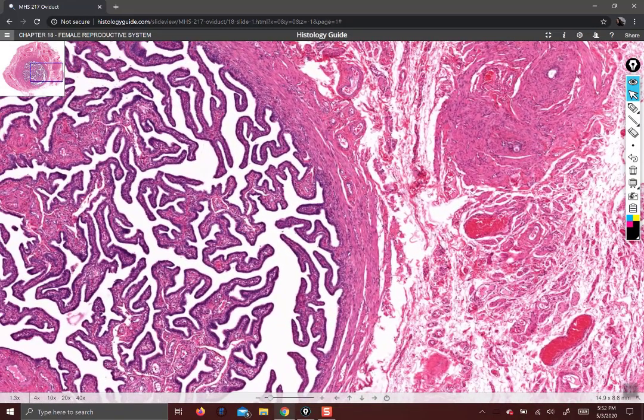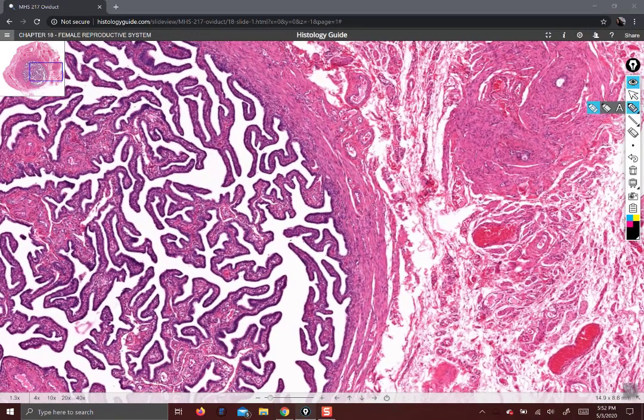There's a thin layer of smooth muscle on the edge of the oviduct that has a name, and that name is, actually I'm going to use black. So this is the smooth muscle, and the name of it is the muscularis. And then instead of having a nice round lumen with no convolutions, in this case the mucosa is folded up a lot, as you can see.